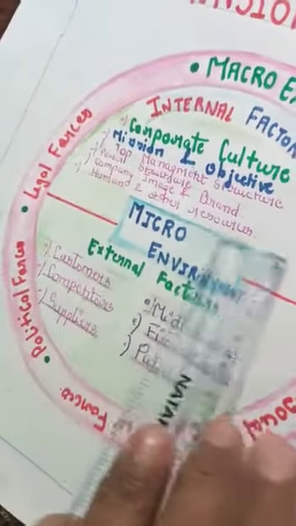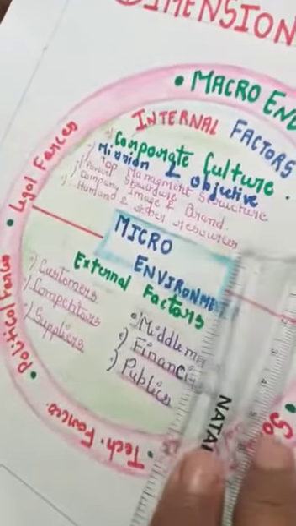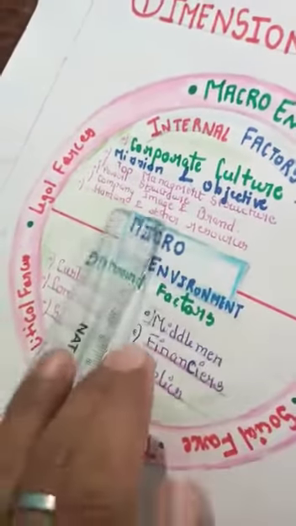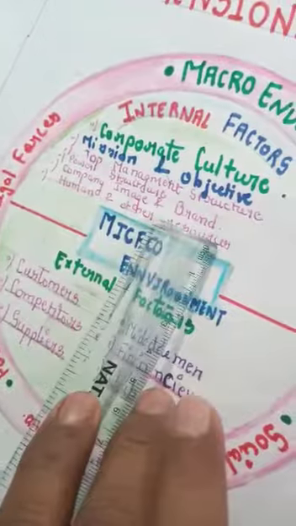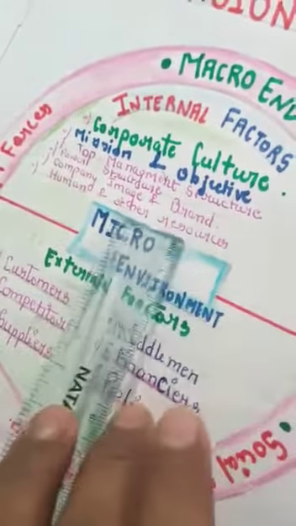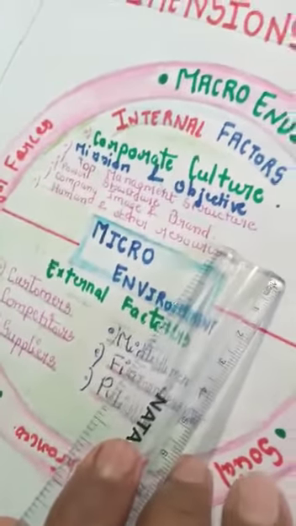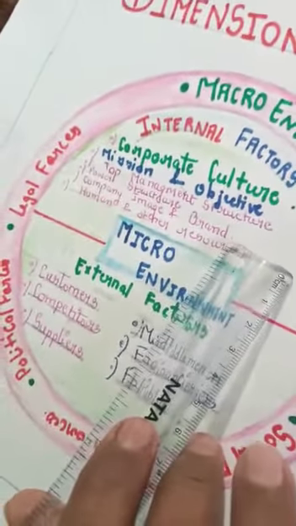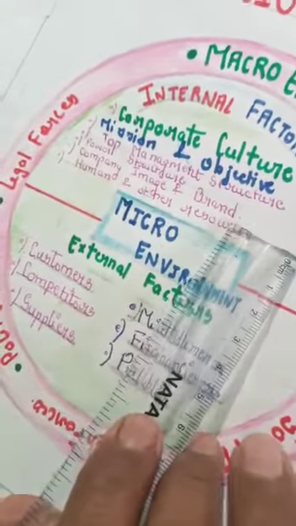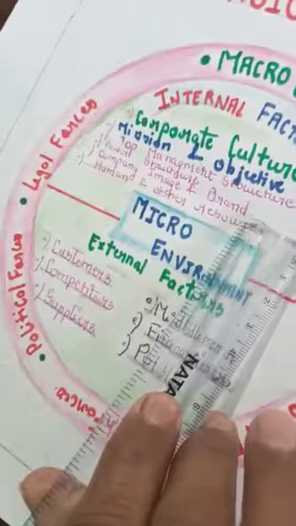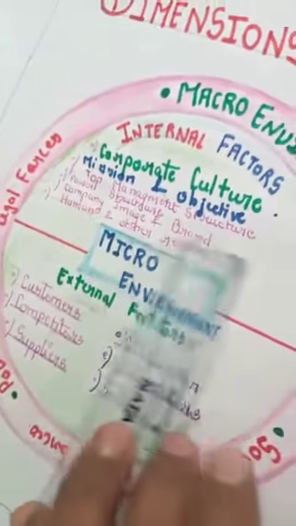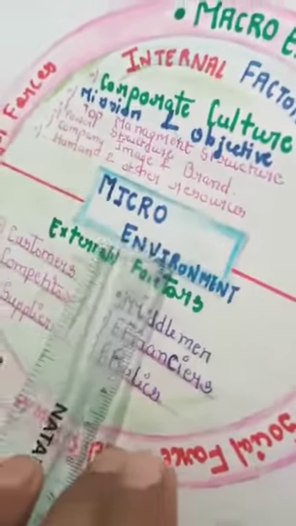Now, company image and brand equity are also very important factors. If a company has a very good image through supply of standard quality of goods at fair prices, it has a good brand equity, then that company will be able to generate a huge amount of funds for its expansion and growth, and its employees will also be satisfied and give their 100%, and that leads to the growth of the organization.